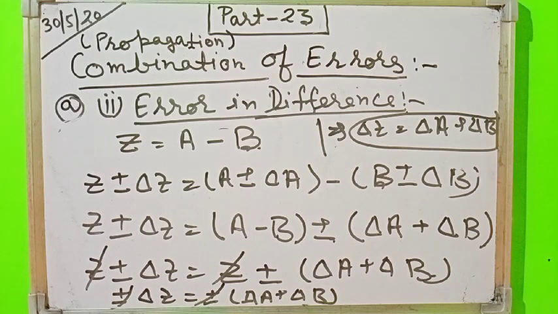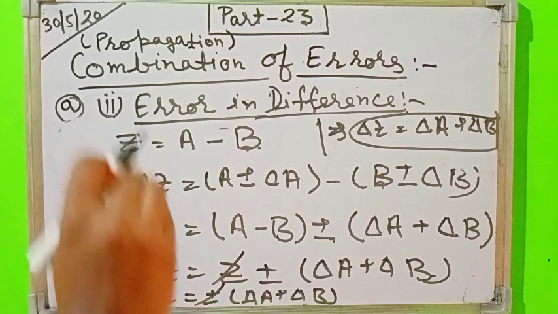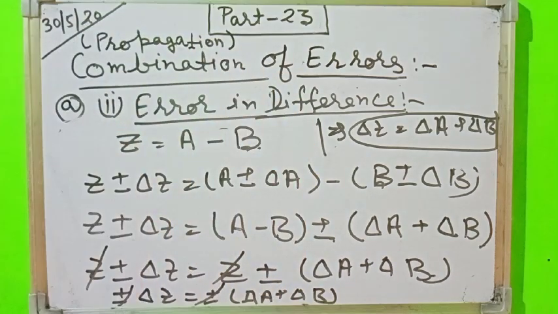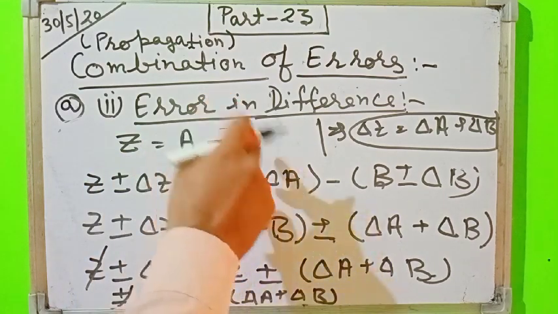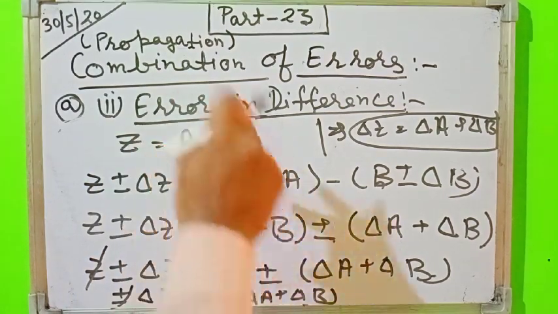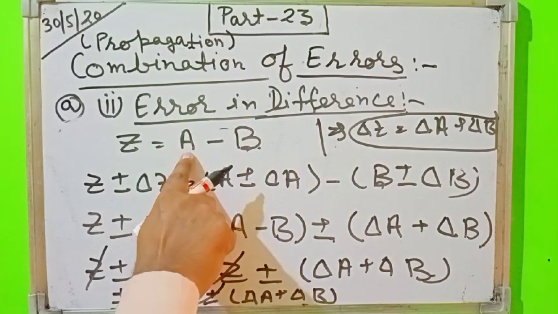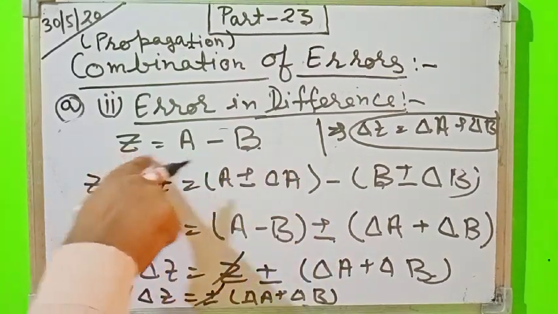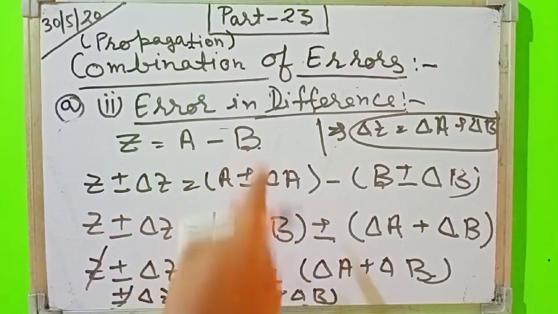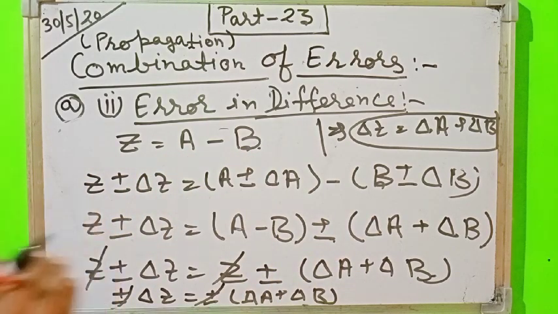Means in case of difference also, what we had observed is that the error in the final result is the sum of error in individual physical quantities, that is A and B. So error in Z is equal to error in A plus error in B, similar to the first case, that is error in case of sum.